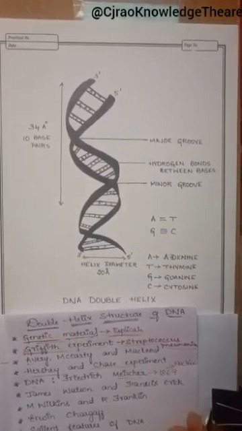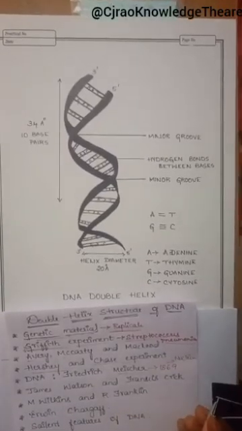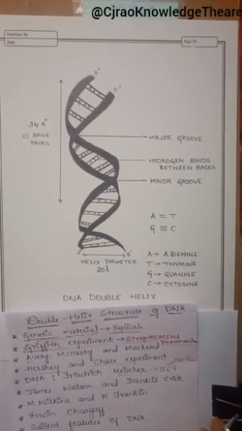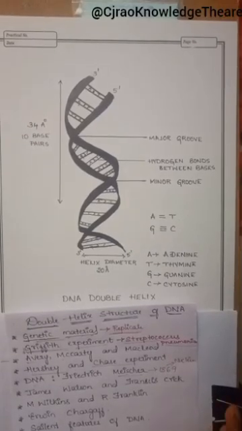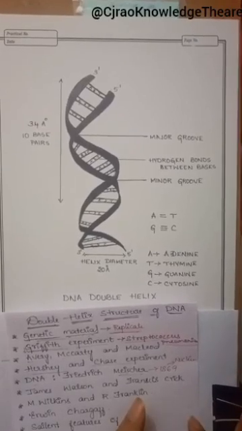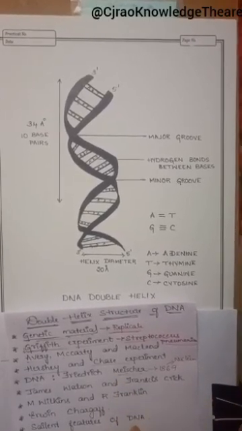However, due to technical limitations in isolating such a long polymer intact, the elucidation of the structure of DNA remained elusive for a very long period of time. The structure of DNA remained unknown until 1953.